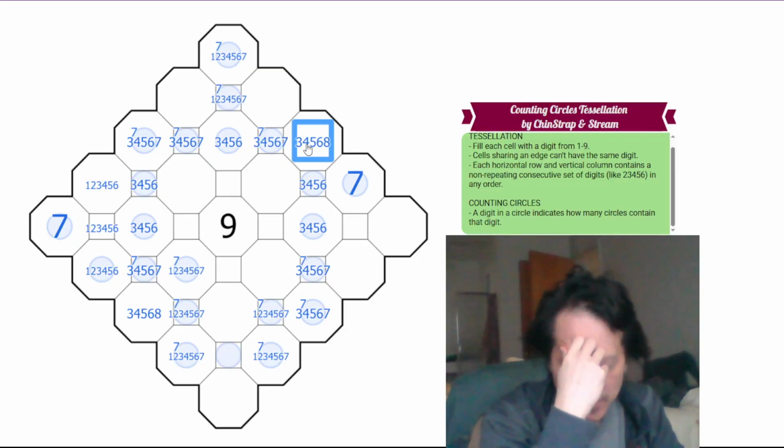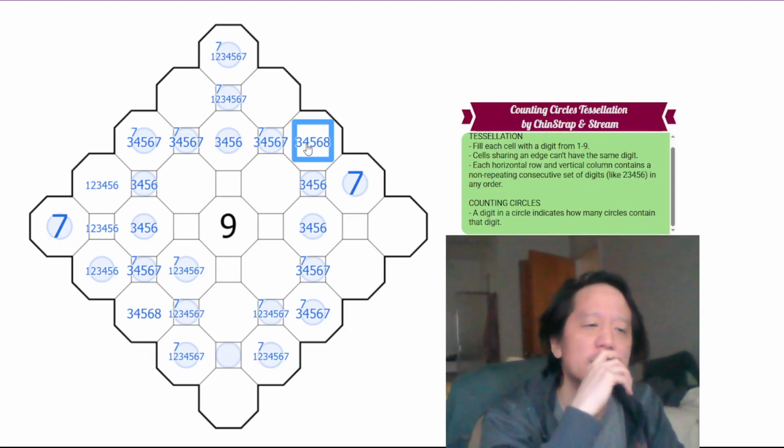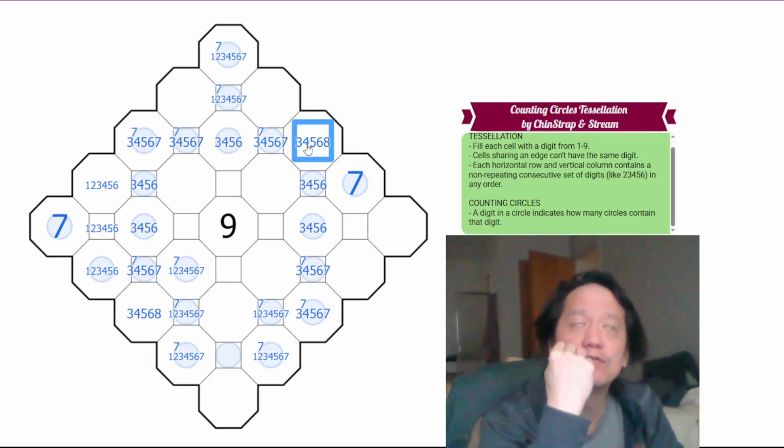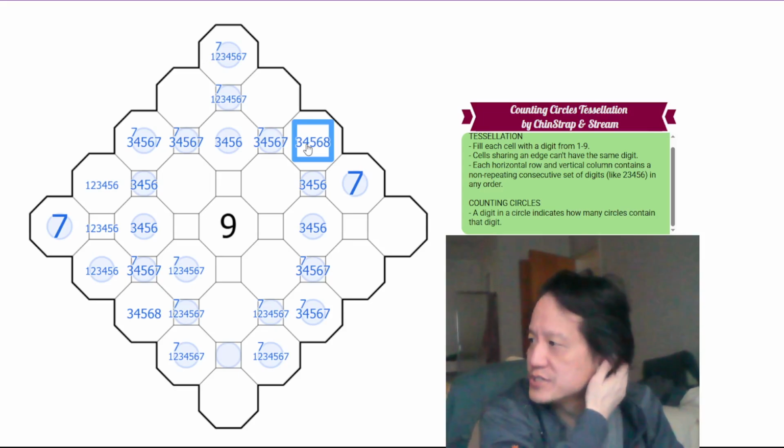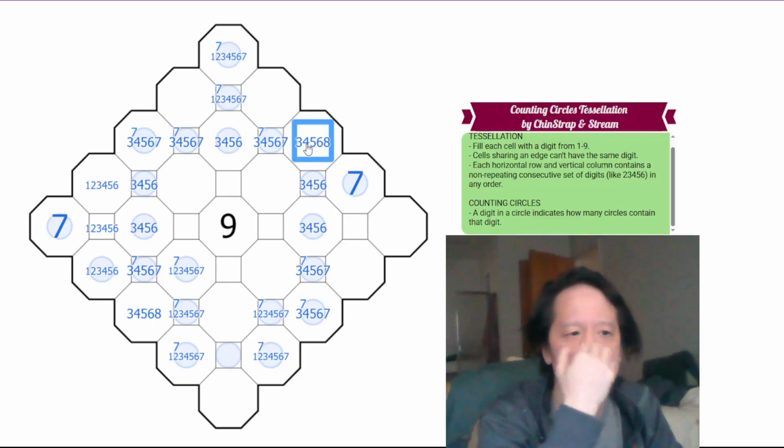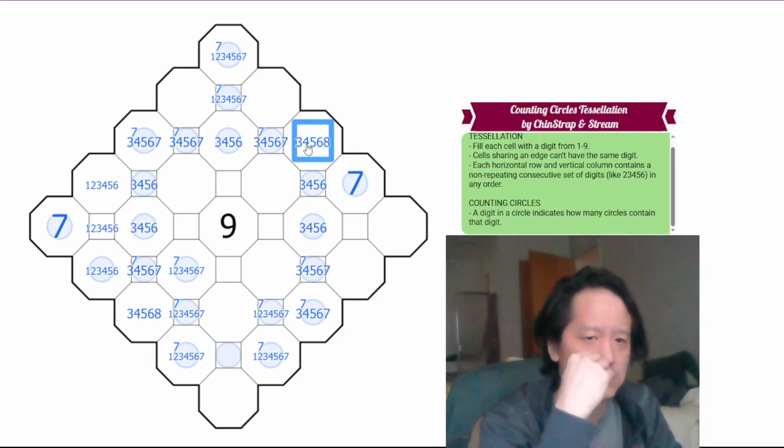So if you have 4, 5, 6, 7, you're missing 1, 2, and 3 in the circles. If you have, you could either be missing a 4, a 5, or a 6 with the other ones. So it could be 7 with 3, 4, 5, in which case you're missing 6 in everything.